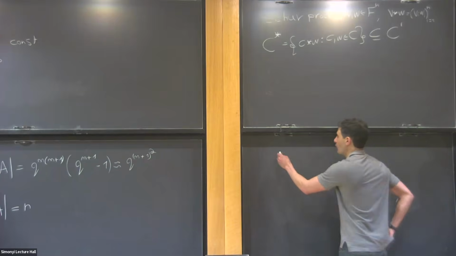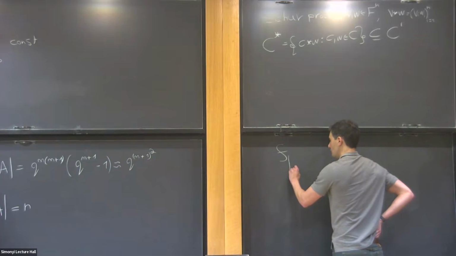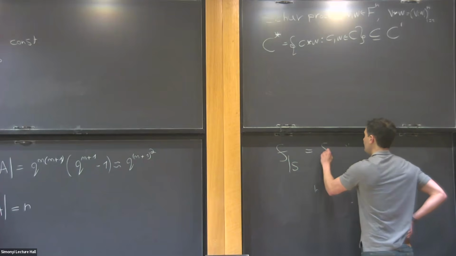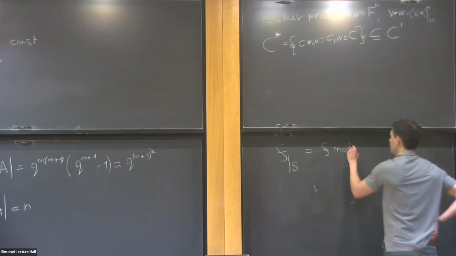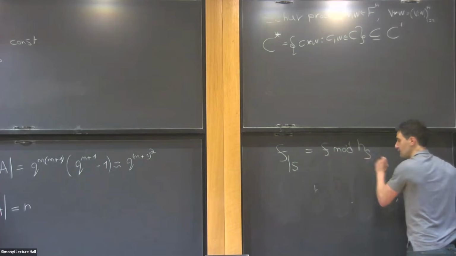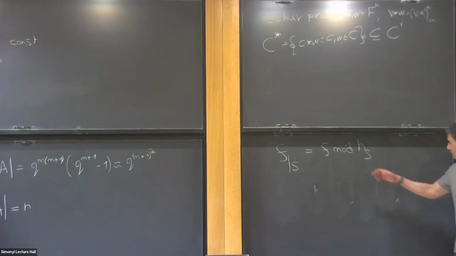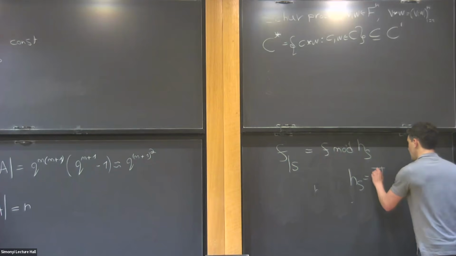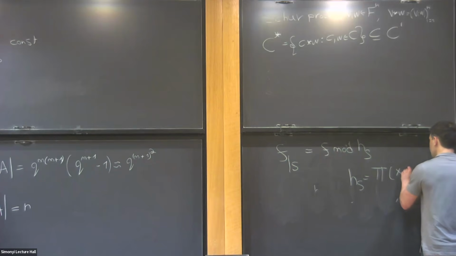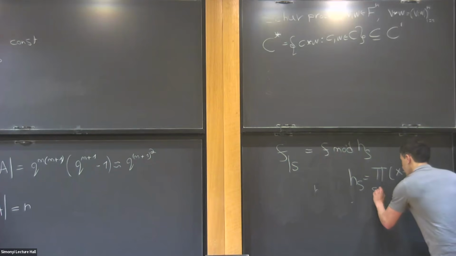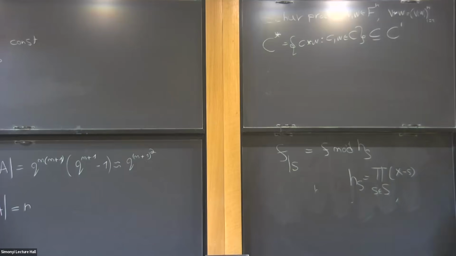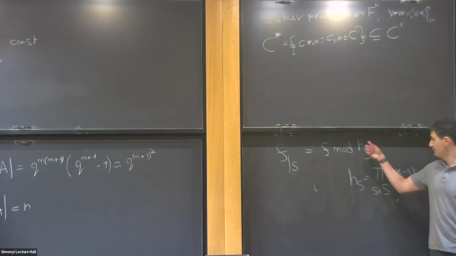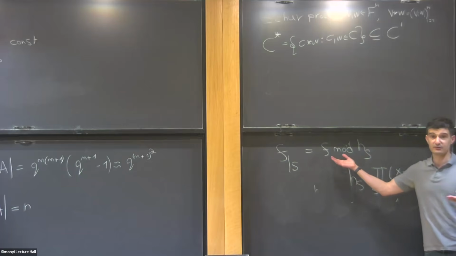In other words, when I write F restricted to some set S, I mean F mod the annihilator of the set S. The annihilator of S is the product of X minus little s, where little s is in capital S. So I divide by this annihilator polynomial and take the remainder.